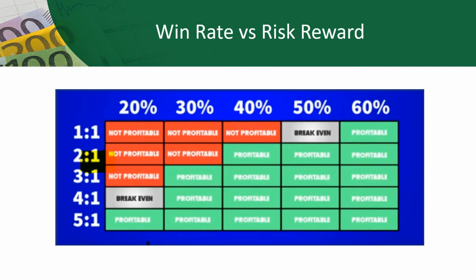If you're a 1-to-1 trader, you need to be at least 60% profitable in order to make money. But if you're a 2-to-1 trader, that drops drastically, which means you could be wrong 6 out of 10 trades and still make money. I'm up close to a 3-to-1 trader, so I don't really worry about it. And I'm a 70% win rate.